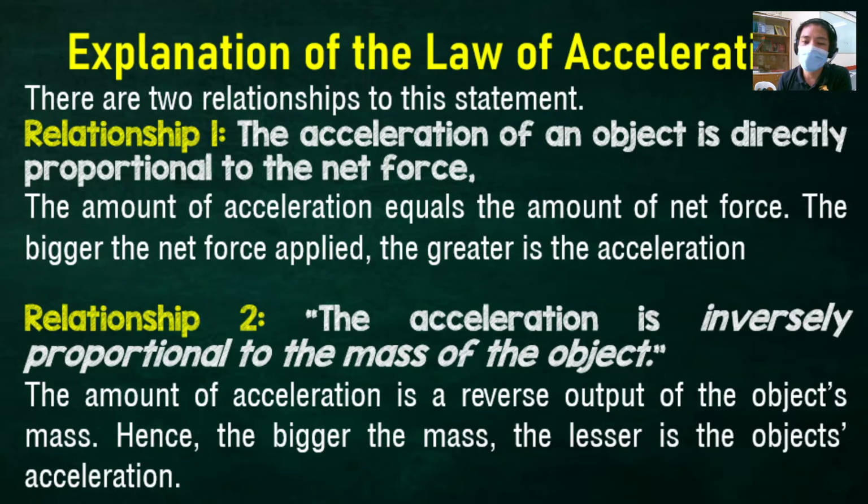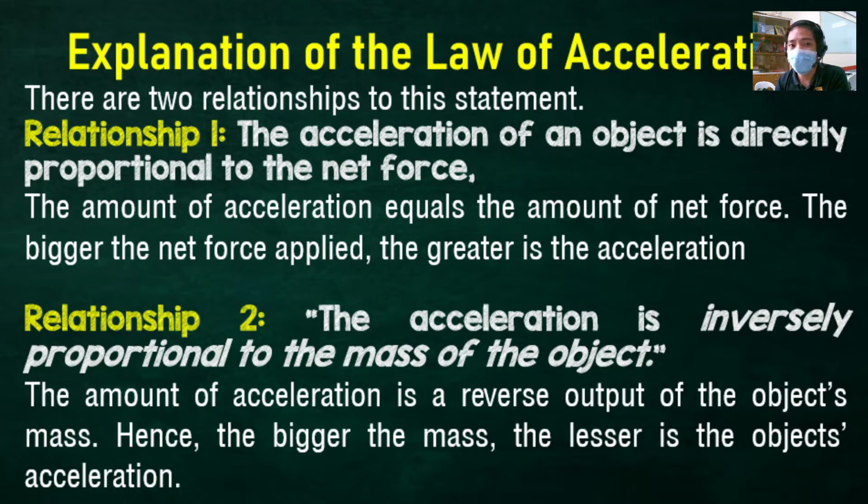The second relationship is that the acceleration is inversely proportional to the mass of the object. This means that the amount of acceleration is the reverse of the object's mass. If the object has a bigger mass, then the object's acceleration will be lesser.